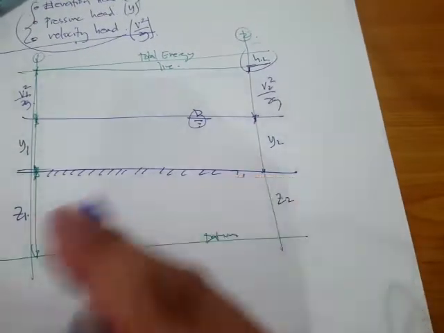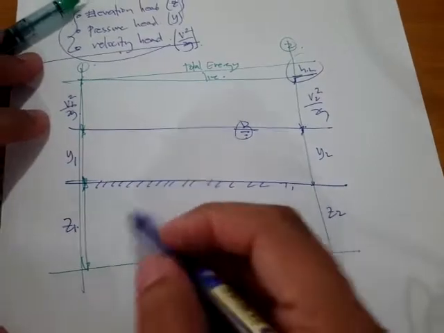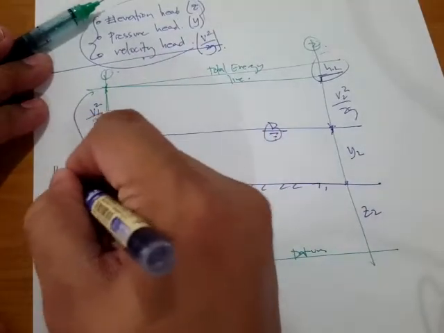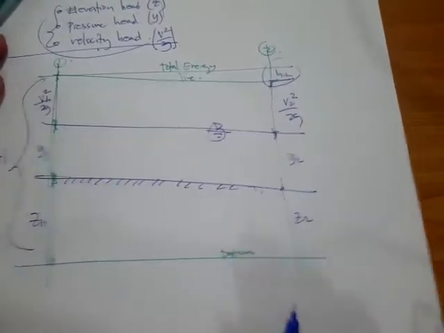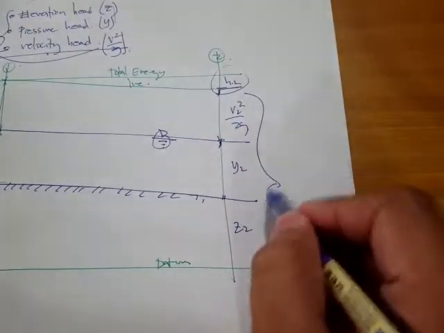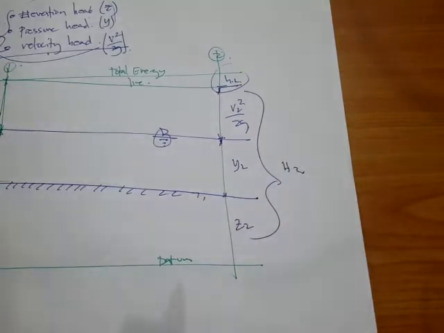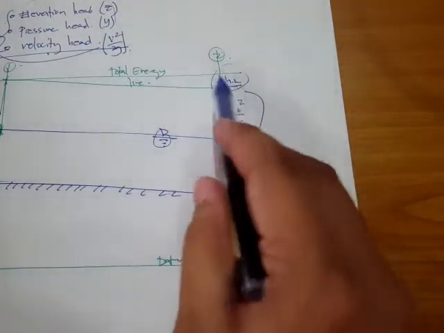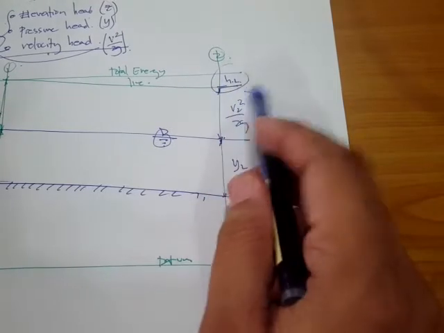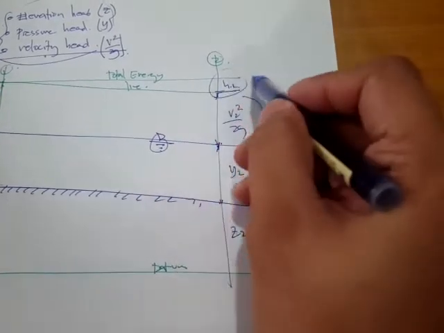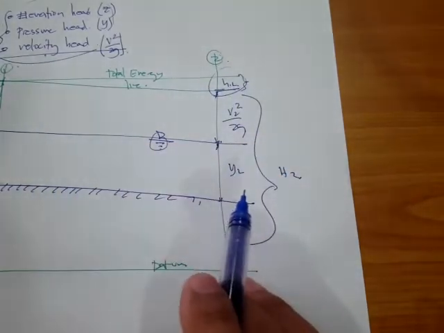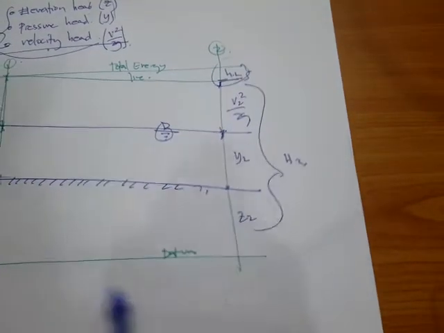So when you say total energy, that comprises these three terms. Let's say here's our h sub 1 at section 1, and here's our section 2, h sub 2. And of course if we consider viscous effects or losses, there's going to be another energy term for that head loss.